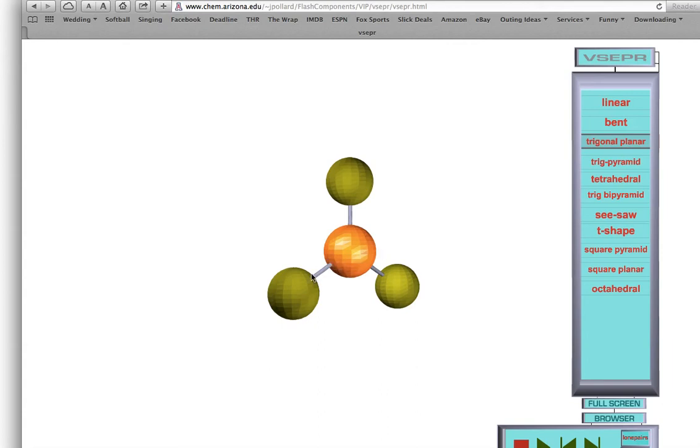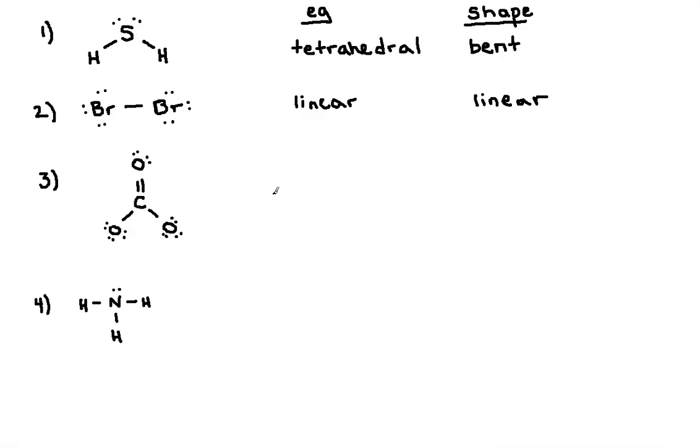For some reason I can't find one that shows a double bond; this should have a double bond right here. But since you don't have a lone pair, it's going to be trigonal planar for both the electron geometry and the shape. Trigonal planar.